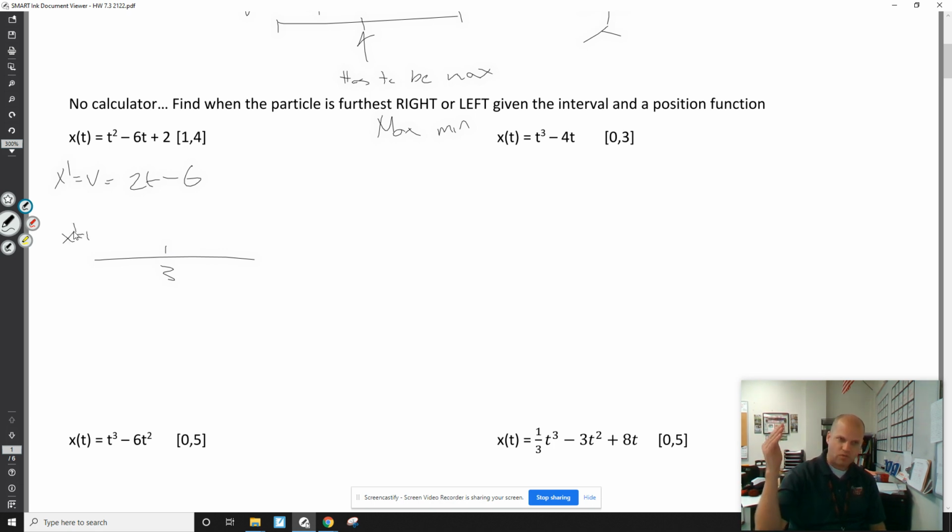X prime, which is v, is negative then positive, which means x is decreasing then increasing. You could apply this to f and f prime, guys. Or my guy is moving to the left and moving to the right. So I know for a fact x of 3 has to be when I'm furthest left.